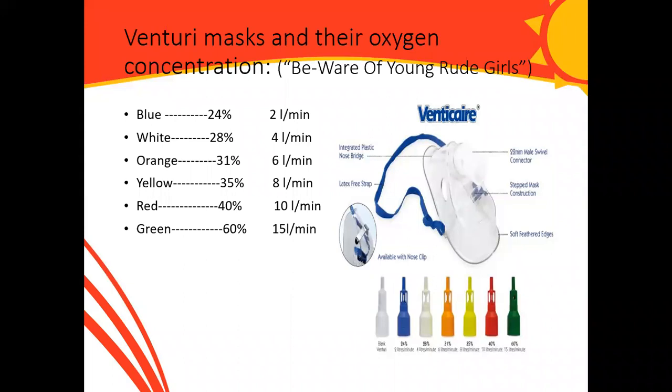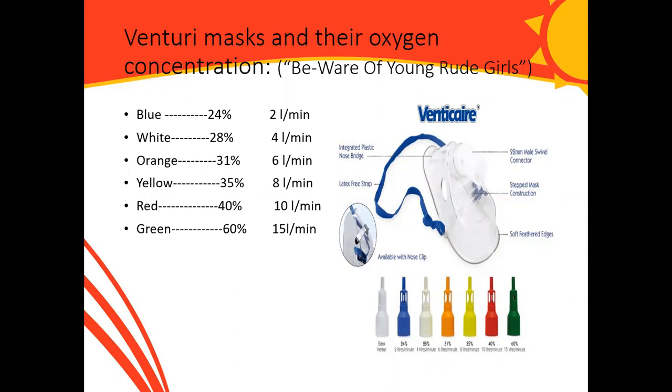The beauty of the venturi mask is that it helps in weaning the patient off oxygen and off the ventilator. Once you want to do a trial, you can start with a green cone, which gives you about 60%, and you can gradually reduce it.